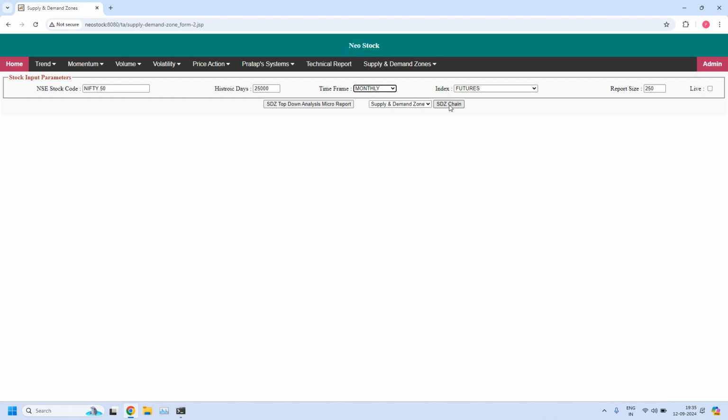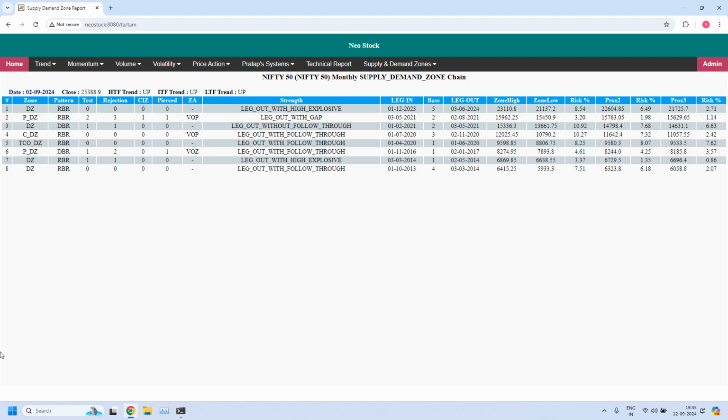I am generating a monthly supply demand zone chain for NIFTY. Okay, always look into the zone column for finding the high liquidity zones, if any. And look into the pierced column so that you can identify the zones which are pierced and not pierced.